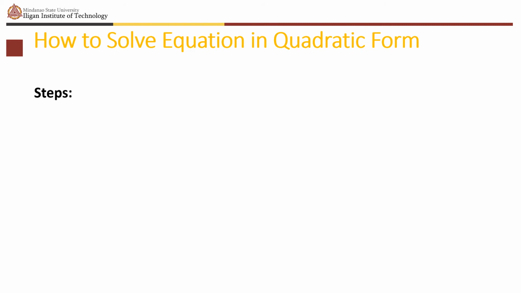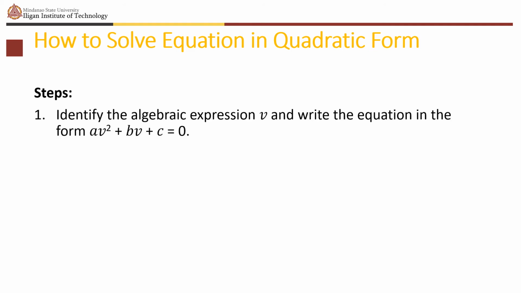The steps on how to solve equations in quadratic form are as follows. First, identify the algebraic expression v and write the equation in the form av squared plus bv plus c is equal to 0. Then, solve for v using the methods in solving quadratic equations.